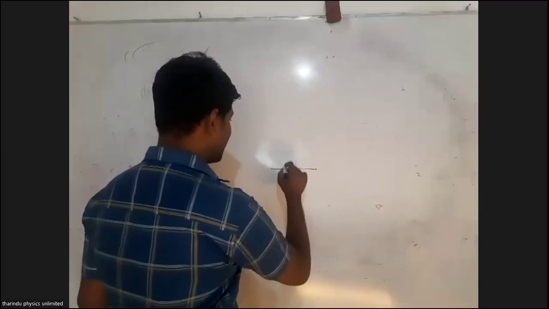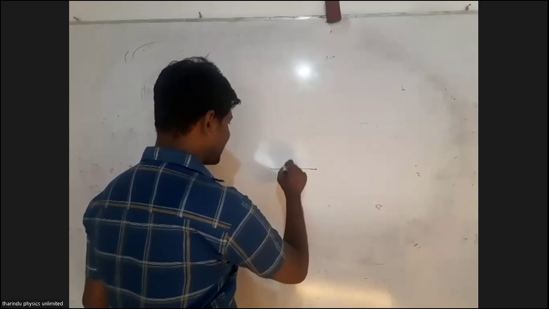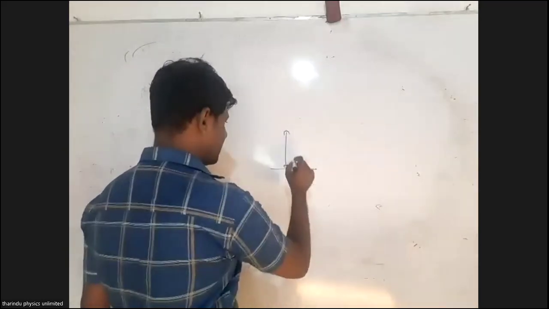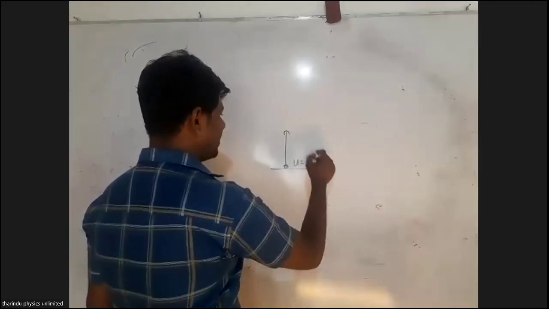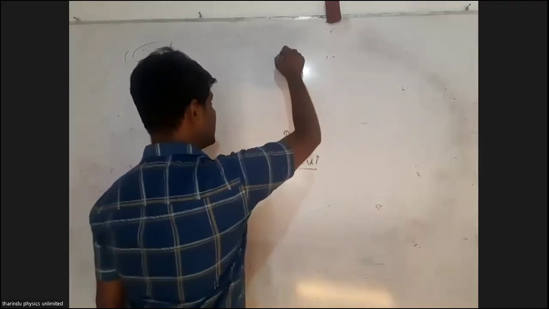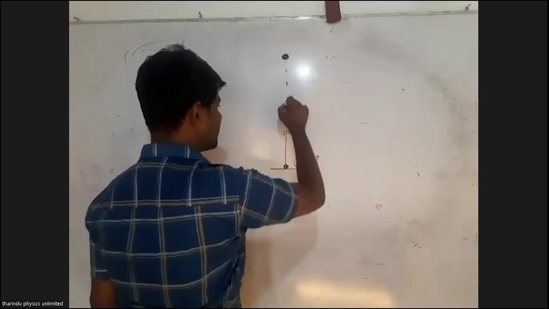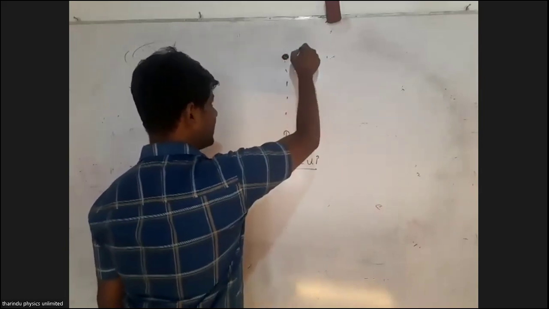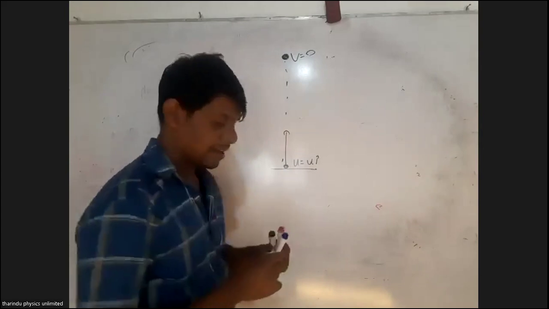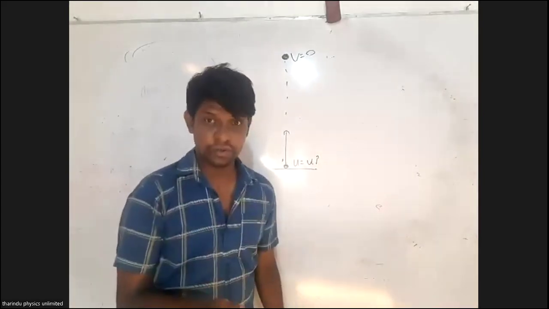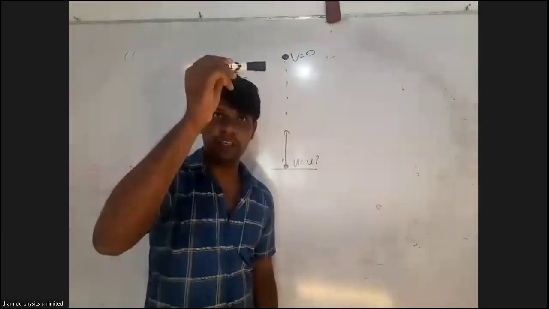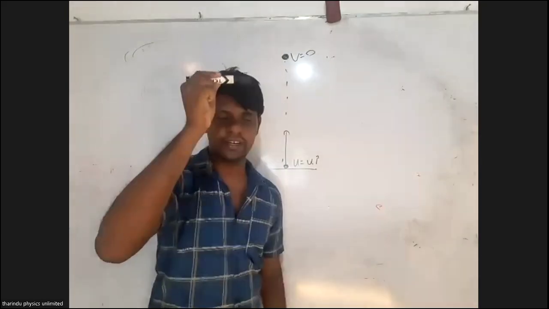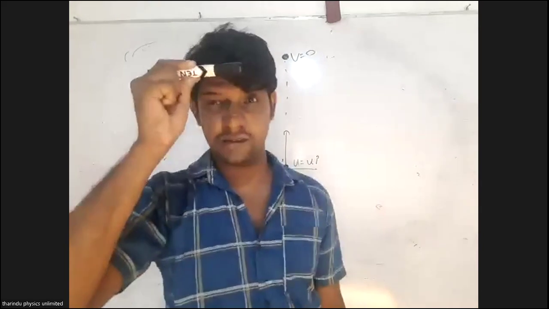It is something like you just throw something directly up. U equals something upward, and it will reach the topmost point of the motion. Finally, velocity will be 0. Why? Have a good look at it when I just throw something up. At the top, it reaches a velocity of 0, remaining there for an infinitesimally small instant.